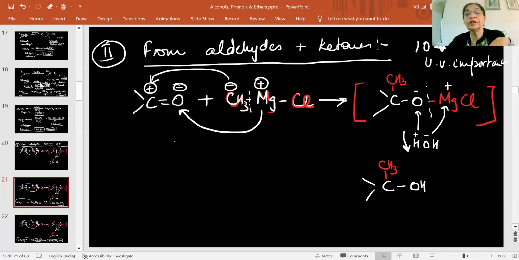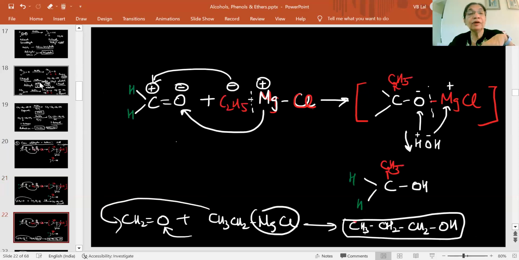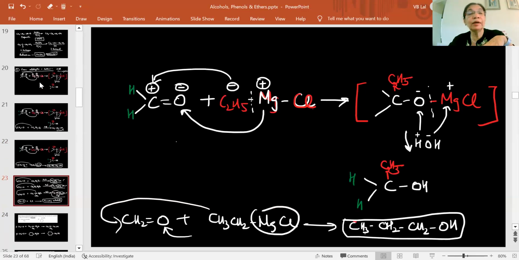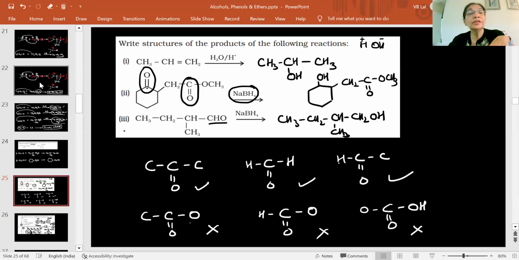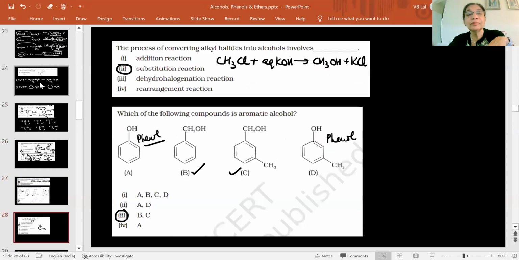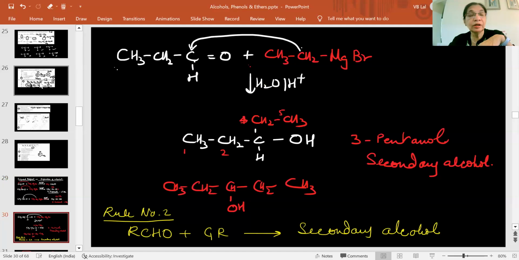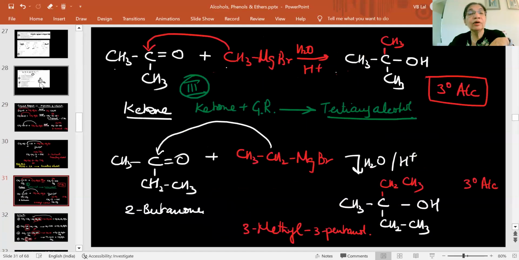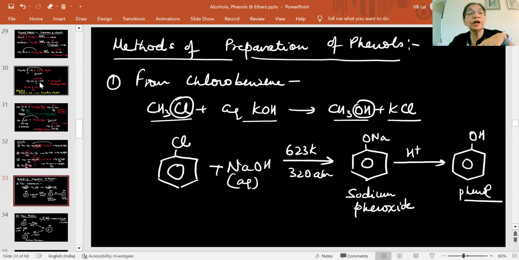Another method which I showed you, the Grignard synthesis, which is very important. We learned to prepare primary, and then secondary alcohols. Then we did some MCQs. Then we learned how to make tertiary alcohols, and different alcohols using Grignard reagent.